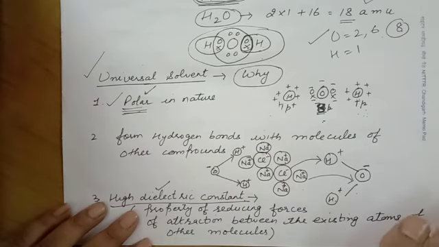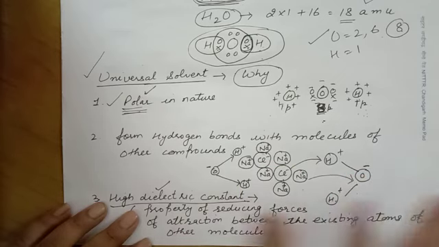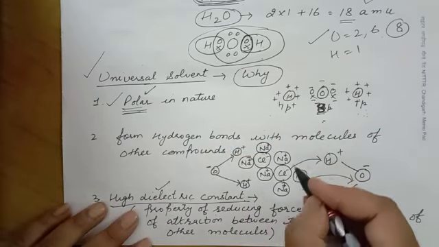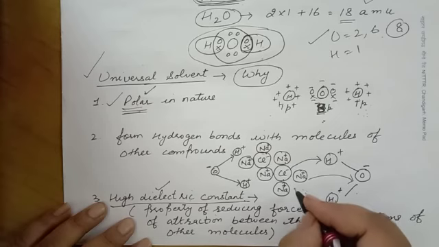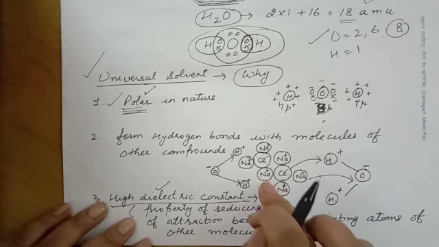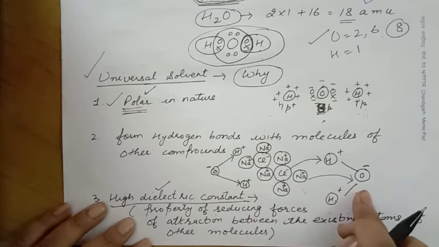They are going to break down, or they start moving away from one another. So that means they are now successful in breaking sodium chloride. So sodium chloride in this way is soluble in water.